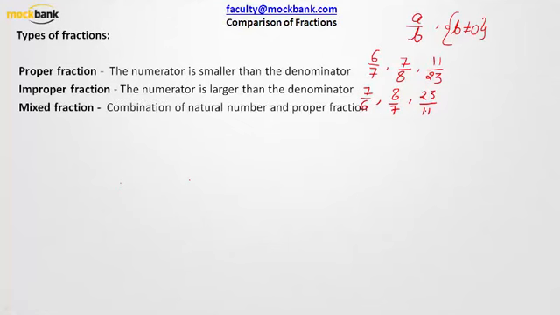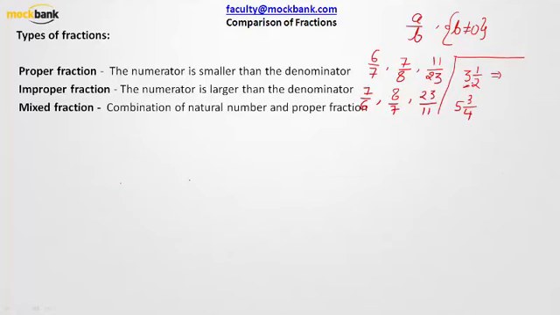And the third type of fraction is the mixed fraction. A mixed fraction is nothing but the combination of a natural number and a proper fraction. So let me write it this way. Say I have 3 and a half, and 5 and 3 over 4. Would you appreciate that 3 is a natural number and the half is a proper fraction? How do we write it?